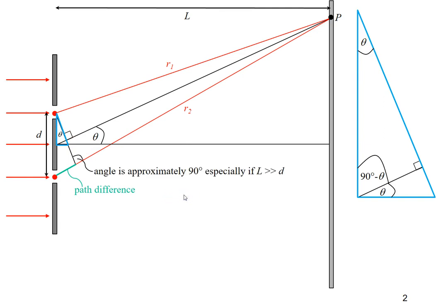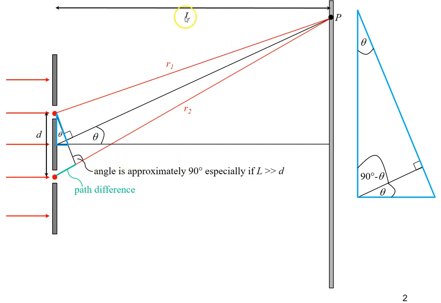Then I'm going to look at another triangle. But here's where my approximation comes in. This is an isosceles triangle with sides of R1. Now, I claim that these two equal angles of my isosceles triangle are very close to 90 degrees.